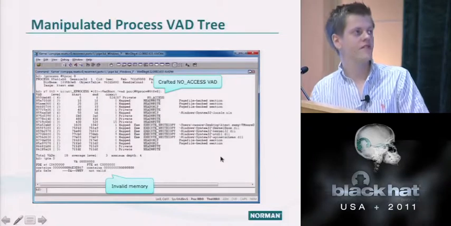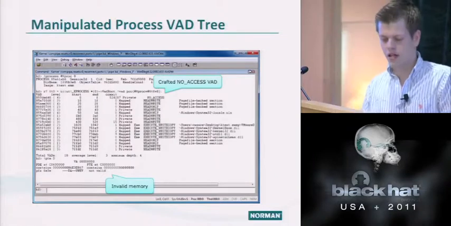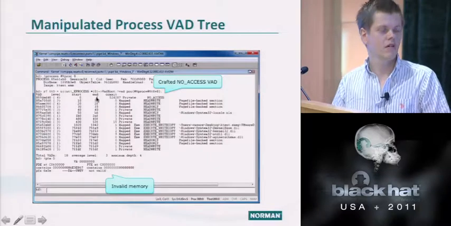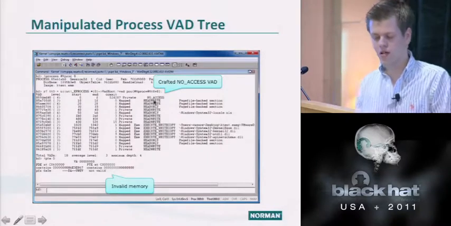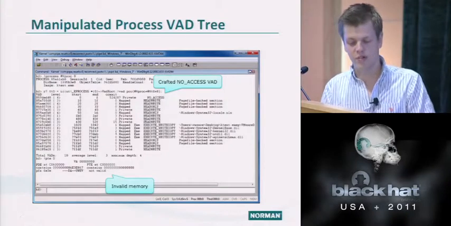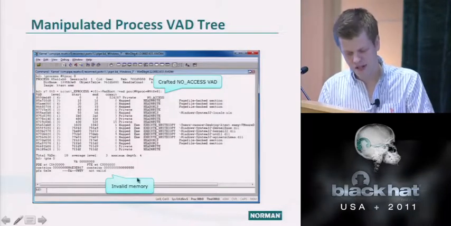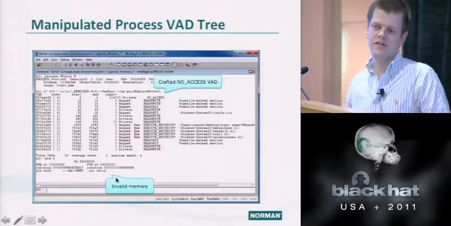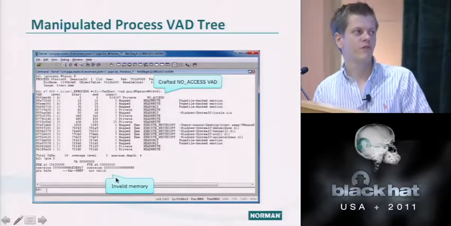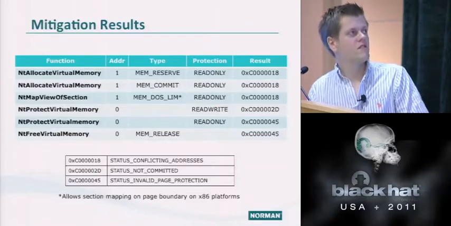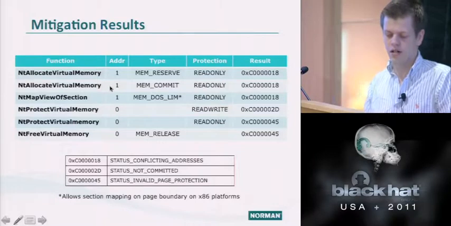And you can see how this looks in WinDbg. You see the mapping on top reserving all the memory in this process, and looking up the PTE for this, you see that it's not valid, so no page table entries have been created. The results for this seem to be quite good.